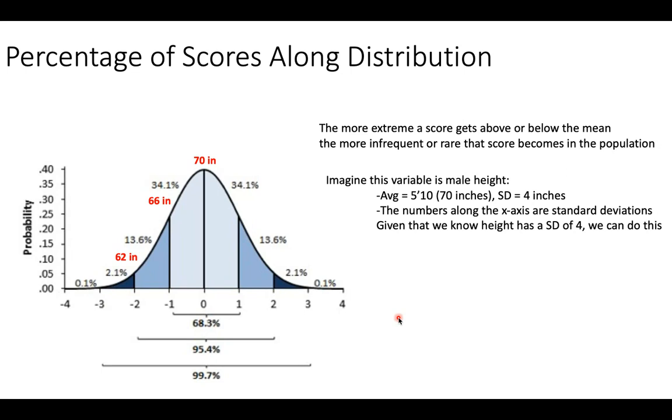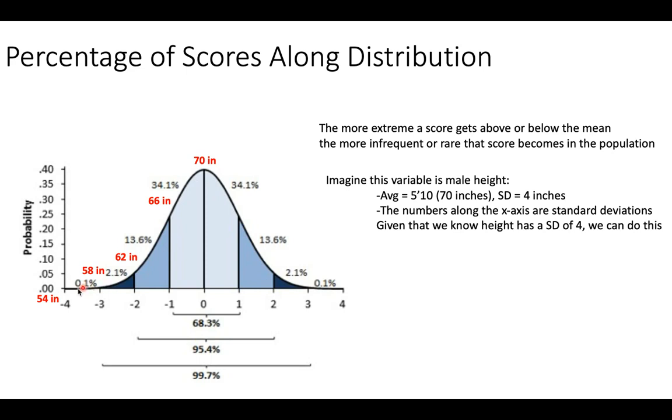Of course, the same is true in the negative direction, right? We're symmetrical here. So we go down 4 inches in height for each standard deviation on the left side of the curve. So if this is 5'10", 4 inches shorter is 5'6", still pretty common. 4 inches shorter is 5'2", right? Very uncommon. 4 inches shorter is 4'10", extremely uncommon.